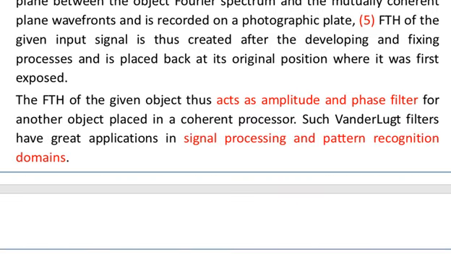The Fourier transform hologram of the given object thus acts as an amplitude and phase filter for another object placed in the coherent processor. Such Vander Lugt filters have great applications in signal processing and pattern recognition domains.